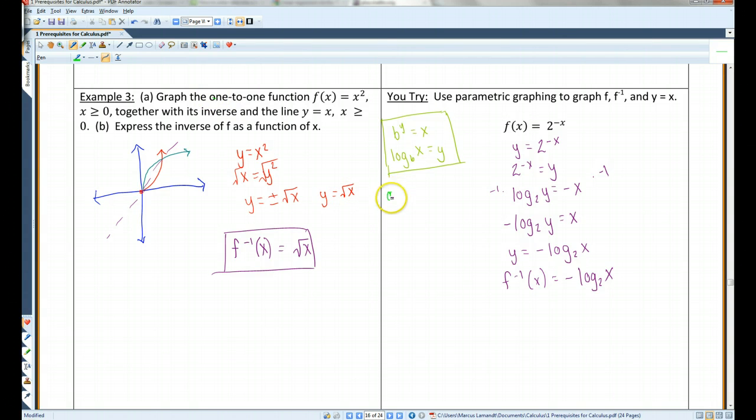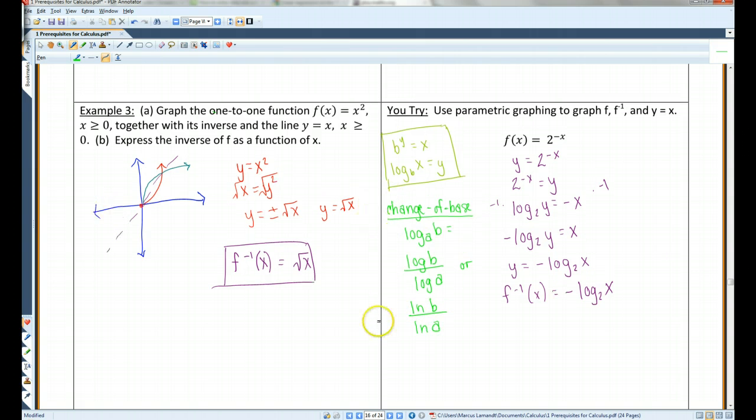Here it is. Different shade of green. I meant to use the same one. Change of base. If you have log base a of b, this is the same as log of b over log of a, or natural log of b over natural log of a.